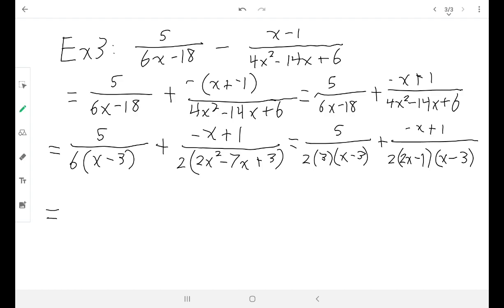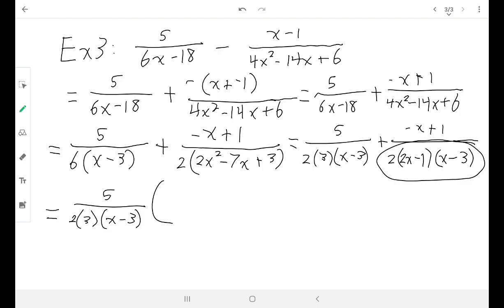So now I need to separate these a little more, leave some room between them, so I can do the multiplication that I need. So I need to look here and say, what do I have there that isn't yet there, and vice versa. Okay? So notice I've got a 2 in both of them. This one has a 3.